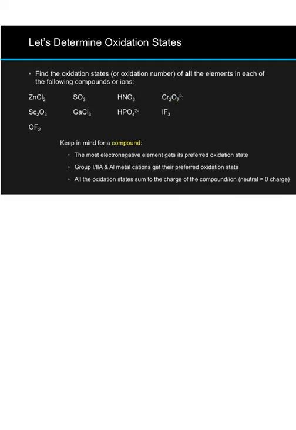So let me do a few examples with you. Take, for instance, zinc chloride, ZnCl2. To assign oxidation numbers, we're going to approach it just the same way that we would assigning charges to ions. We'll use the most electronegative element, in this case chlorine, as a benchmark. Chlorine is a halogen.